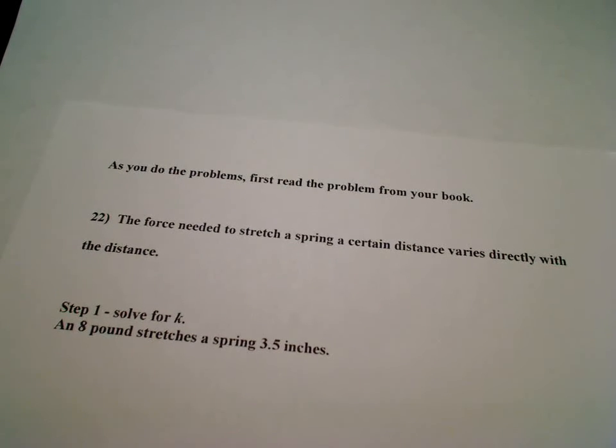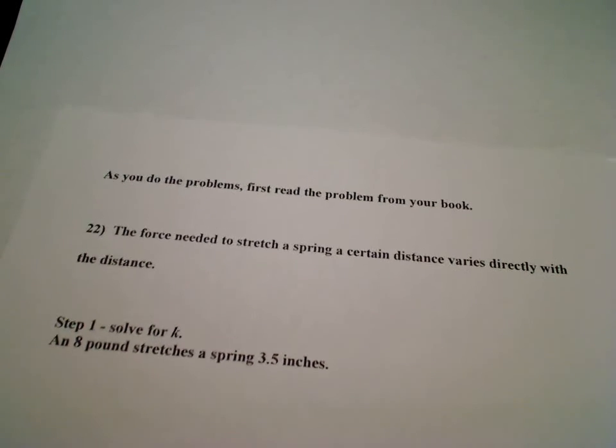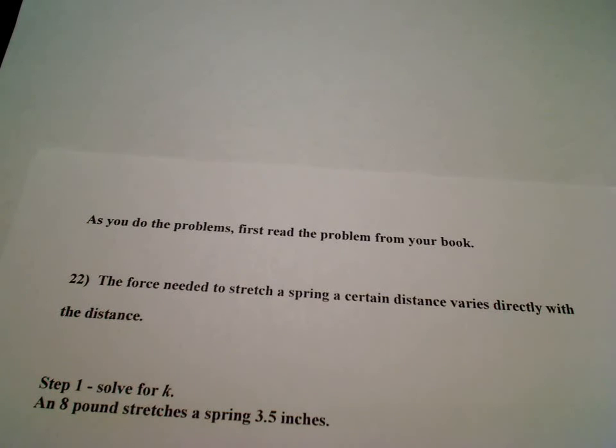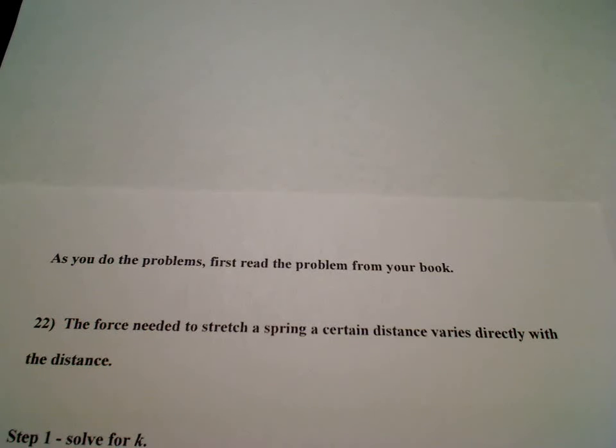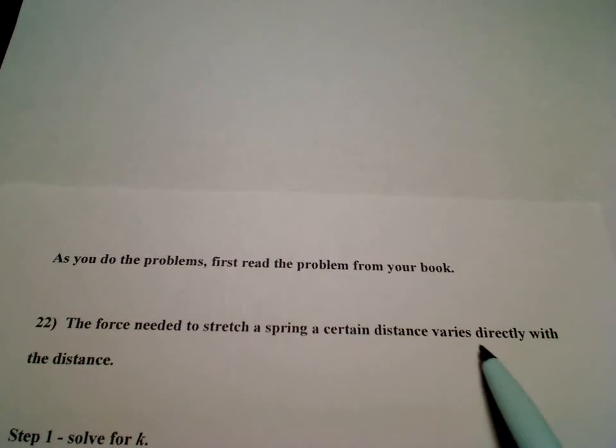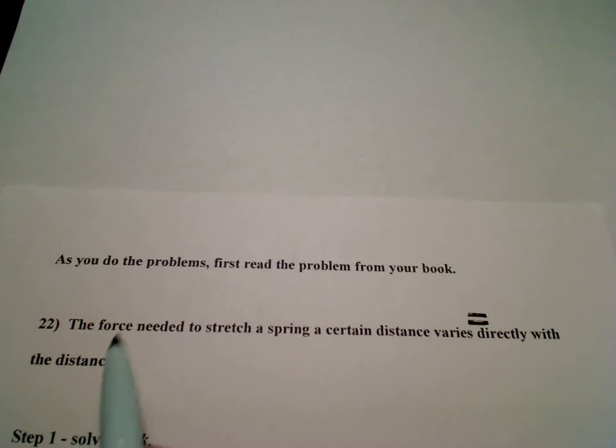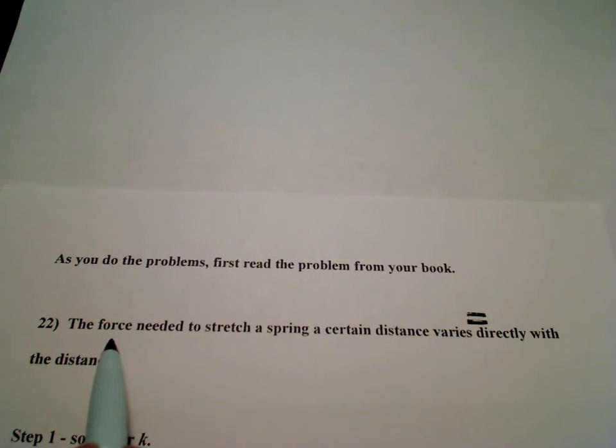Here with problem number 22, it talks about the force needed to stretch a spring a certain distance varies directly. Varies directly means that's where my equal sign will go. Rather than using x and y, I'm going to use f for force and d for distance.